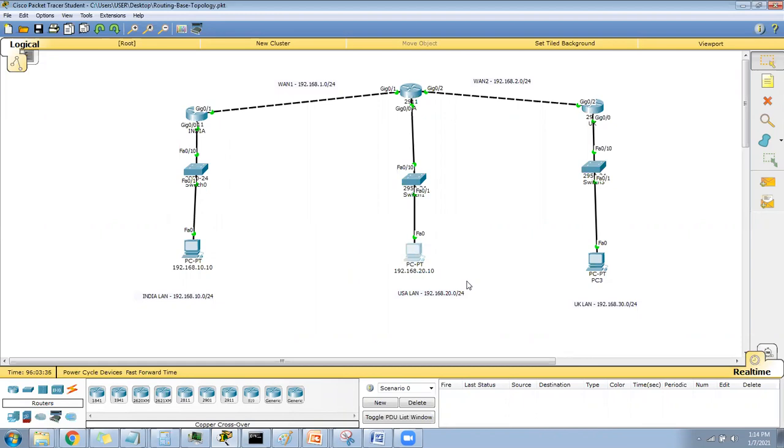Because when this network wants to reach this network, just think about this router. Does the India router have both the routes or not? Yes, it has. Similarly, when 20.10 wants to reach 10.10, does the USA router have the India LAN? Yes.